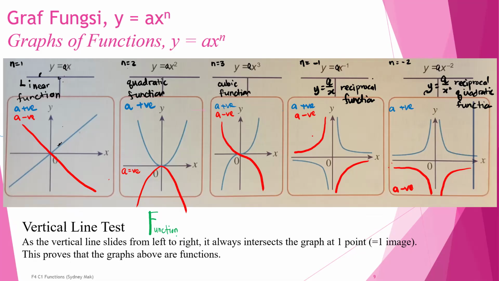Does that mean we have a horizontal line test? Yes, of course. Horizontal line test. You draw a horizontal line. Isn't it? This is the first stroke that we write our I. So we use the horizontal line test to test if the graph has an inverse or not.